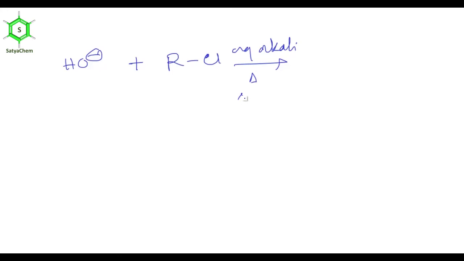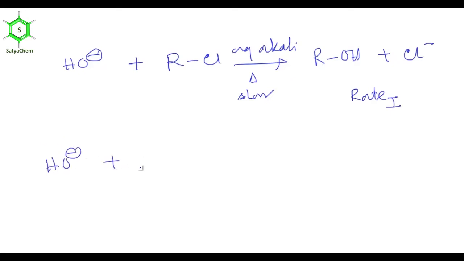This reaction is slow. The product is alcohol and Cl minus. Suppose the rate of this reaction is rate 1. Similarly, HO minus, RCl, in aqueous alkali.